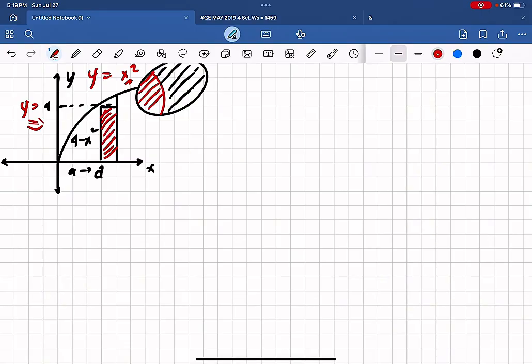If the region is revolved around the x-axis, and bounded above by f of x and below by g of x, our formula is volume equals pi times the integral from a to b of f of x squared minus g of x squared, dx.